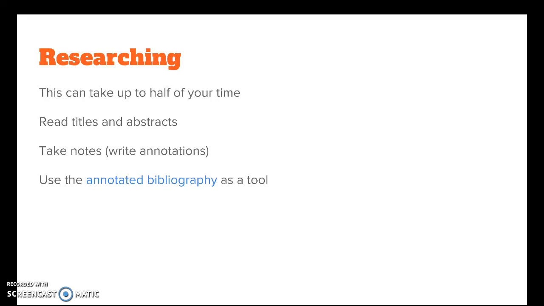And if I read them to completion before I write the annotated bibliography, I get a lot better idea of how I can use them in my paper, and I allow my sources to shape my paper. So that is one of the things that can help you a lot as you're preparing for this paper.